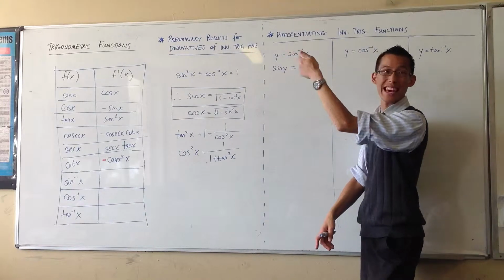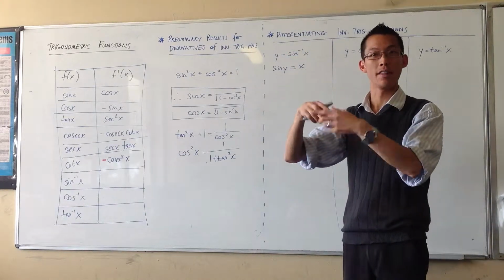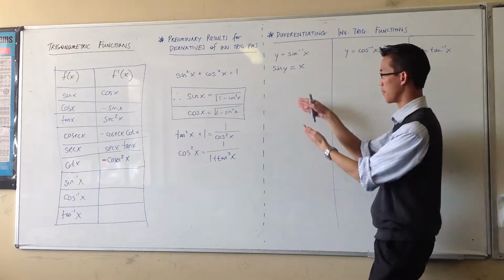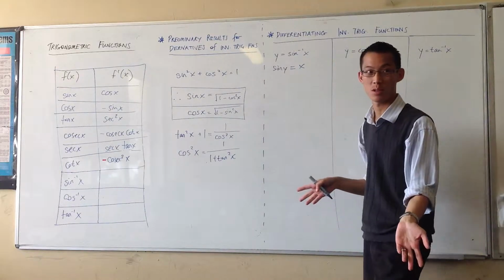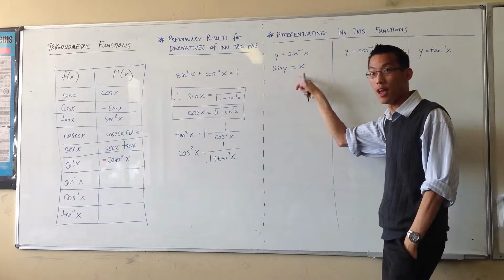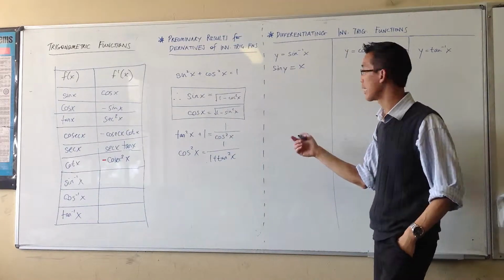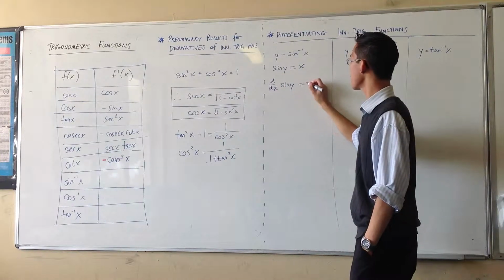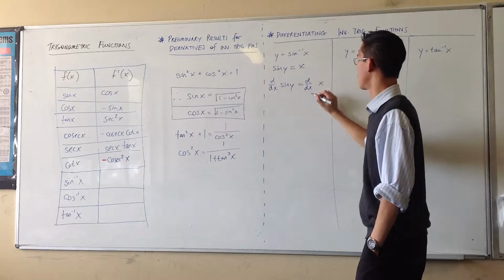So I took dx on dy and then I flipped things later on, and that worked fine. That's still a fine method to do it, but because you guys know how to do this implicitly, maybe we should give that a go, since we are after the derivative with respect to x, after all. So I'm going to take the derivative of both sides with respect to x.